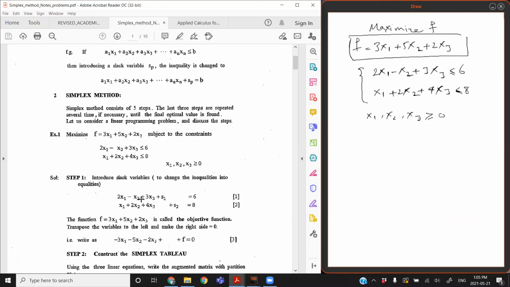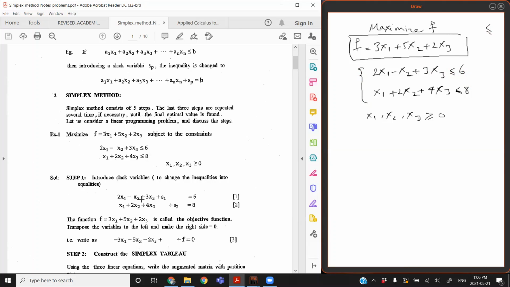They always have the form less than or equal to, not less than or greater than or equal to or greater than. They always have the form less than or equal to a positive number. So you see 6 is positive, 8 is also positive. If you had, for example, minus 6 here, this wouldn't be in a standard form.